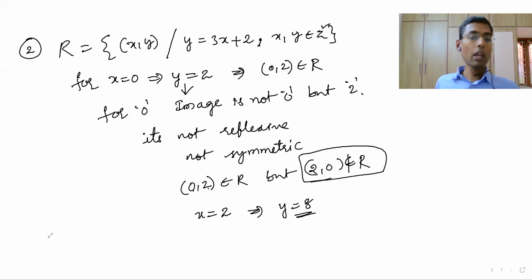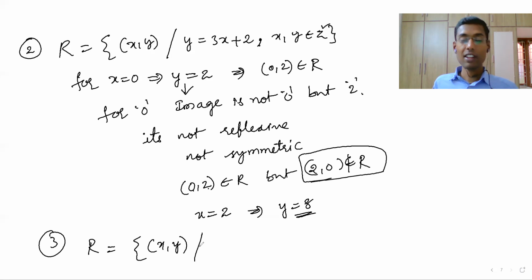Okay, I'll give you another example. You may think, then where is the relation which happens to be reflexive, symmetric, and transitive?